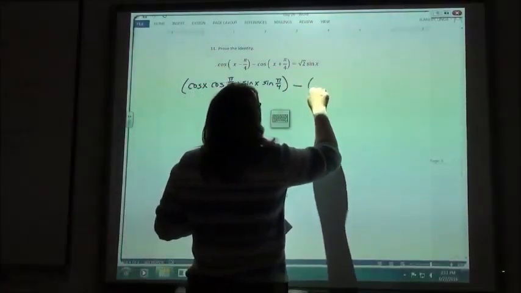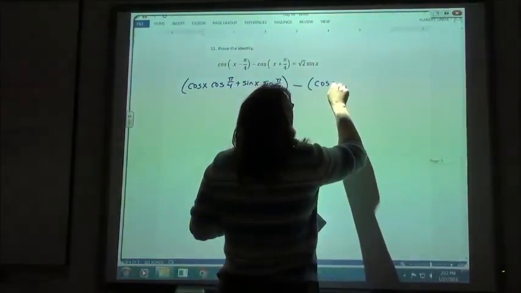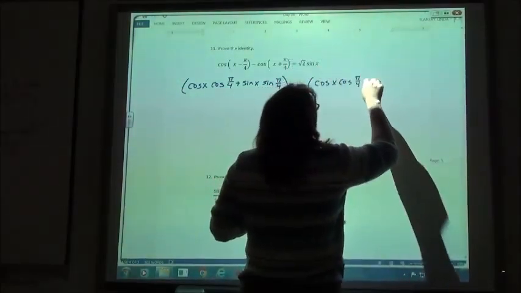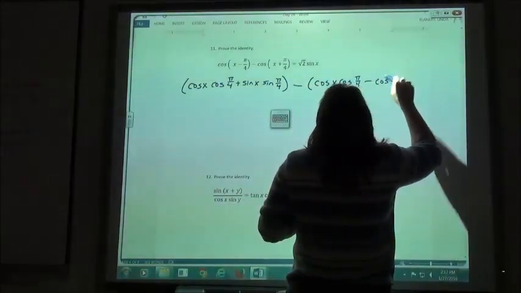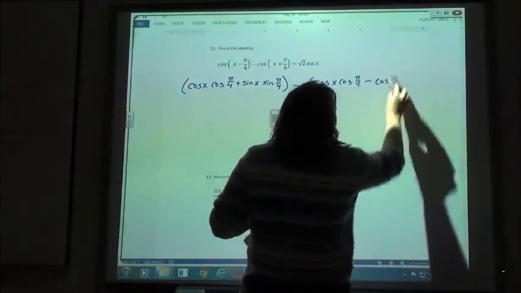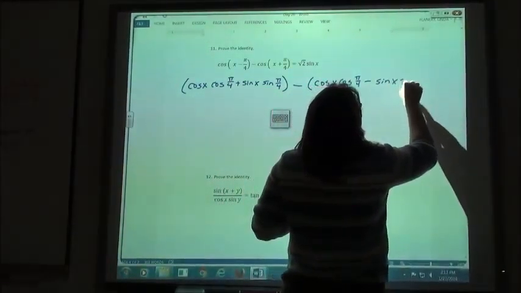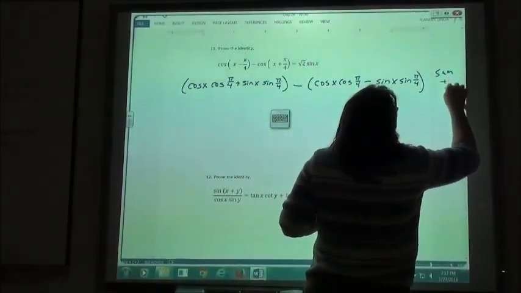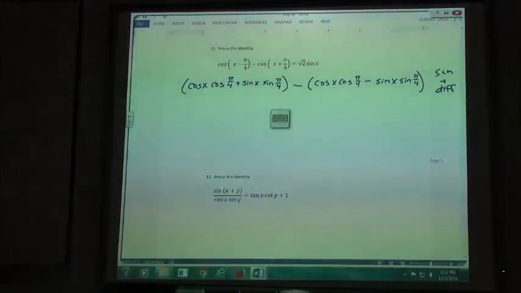Then I'm going to have minus, if I have a plus b, the cosine of x, cosine of pi over 4, and that's going to be minus, that should be sine of x, and sine of pi over 4. That's using our sum and difference identities, as we always have to pick out which property we're using. So just expanding that using our sum and difference.